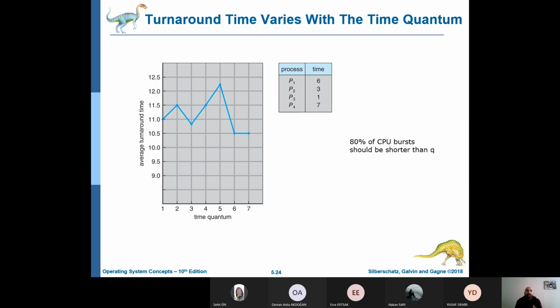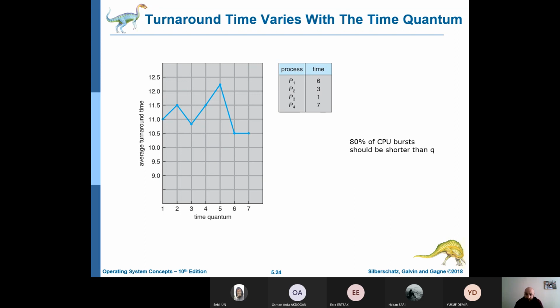A rule of thumb is that 80% of the CPU bursts should be shorter than the time quantum. We have general knowledge of CPU burst times because we have detailed statistics. Based on those statistics, we can select the proper time quantum while designing the round-robin algorithm.